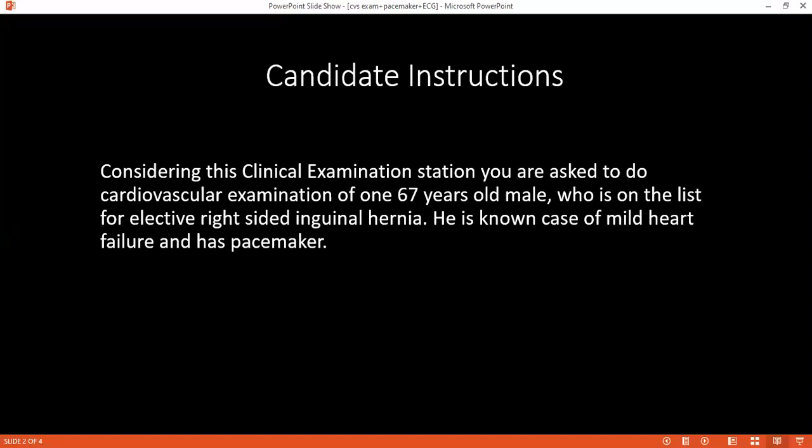Okay, since the patient has pacemaker, who would you involve or who would you inform about it? I'll involve the anesthetist and the consultant surgeon. Anesthetic. Okay. Right. Can you quickly tell me a few indications for pacemaker?